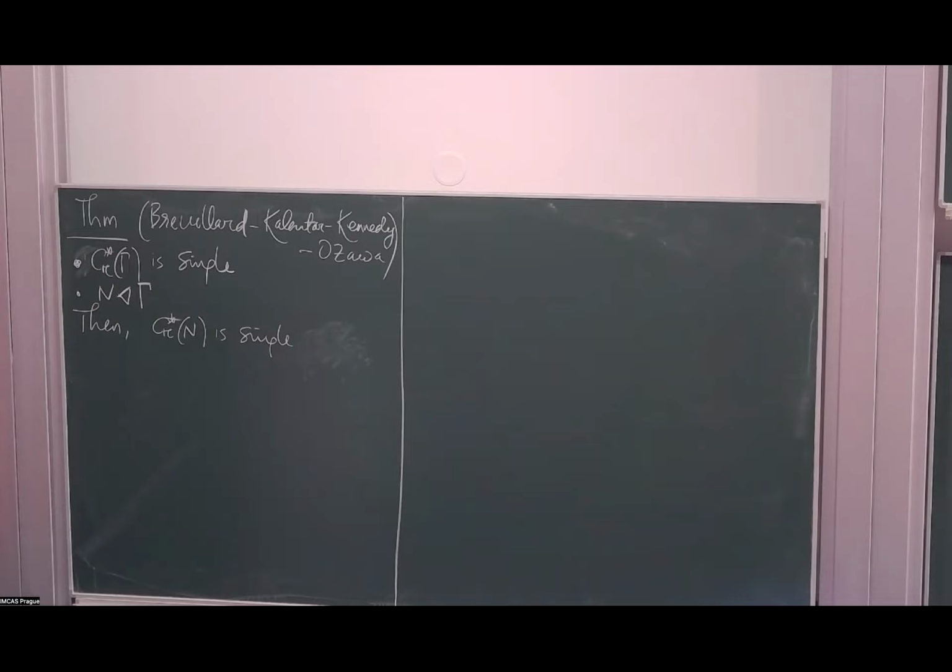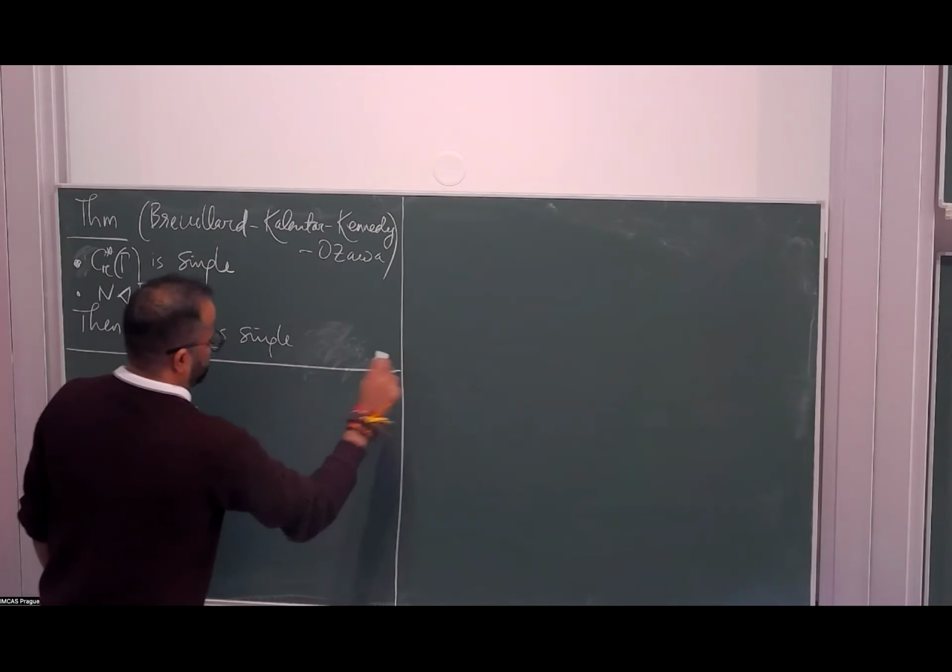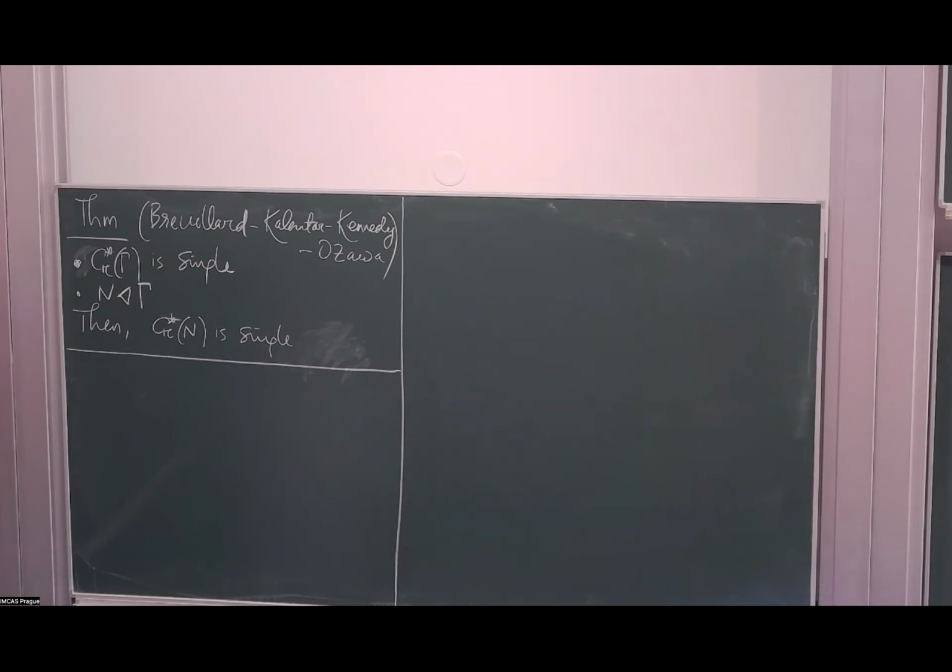So C-star simplicity passes down to normal subgroups. This is what they proved. So this is true in the C-star simple category as well.